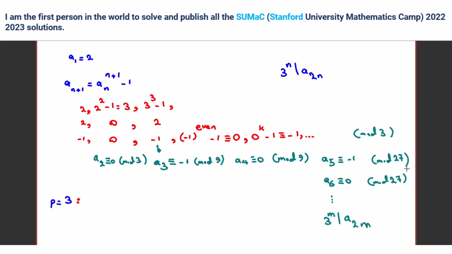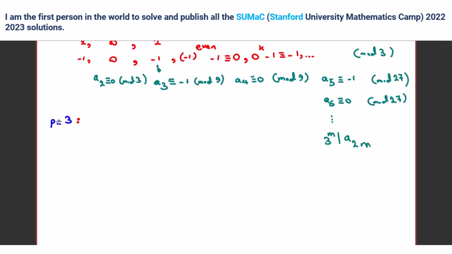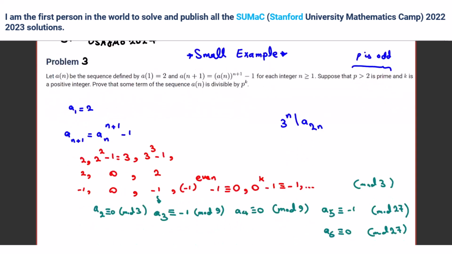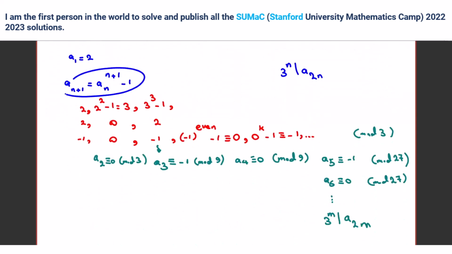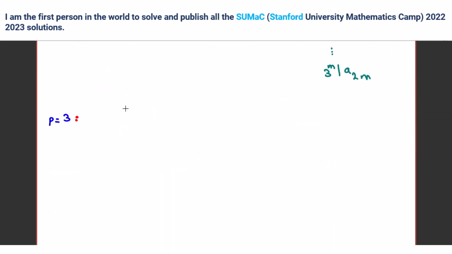My approach is not similar to your approach. I solved this a previous time, one or two months ago. Because we have this form, I tried to use LTE. I saw it is something to the power of something. So if I want to find V3 of a_(n+1), it is equal to V3 of a_n to the n+1 minus 1.